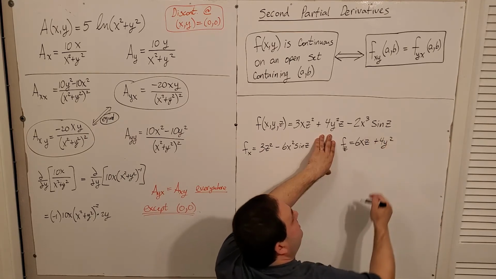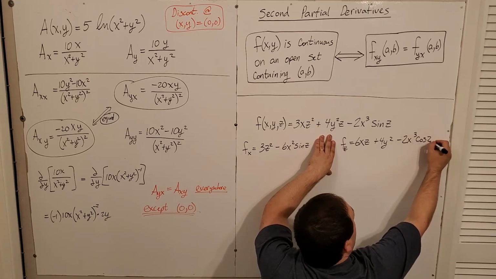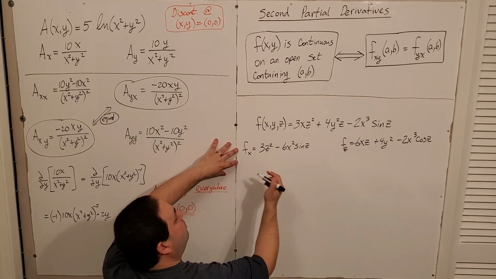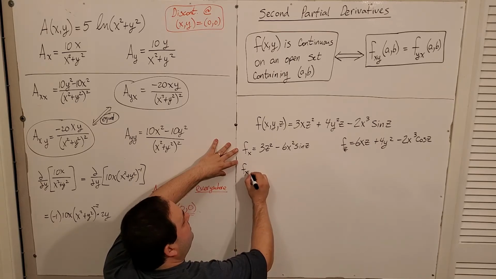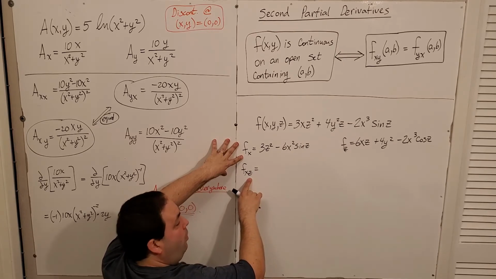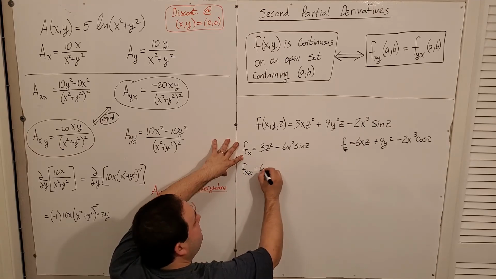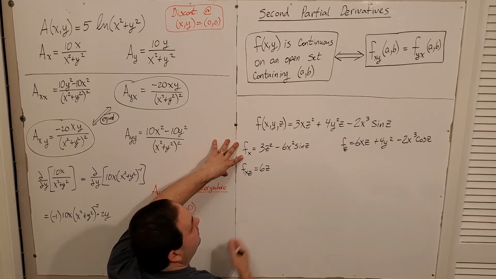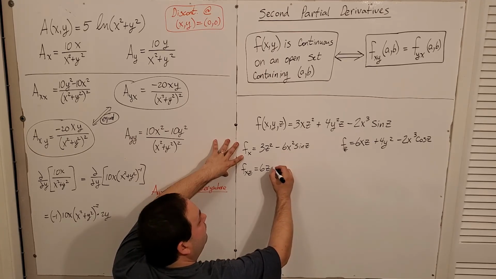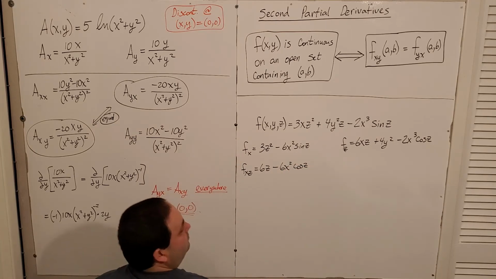And the derivative with respect to z here is going to be minus 2x cubed cosine z. Now do f_xz. That's going to be the derivative of this, but now partially with respect to z. So this has a z, that's going to give me 6z. Here, derivative with respect to z, the 6x squared is along for the ride. I'll have minus 6x squared cosine z.